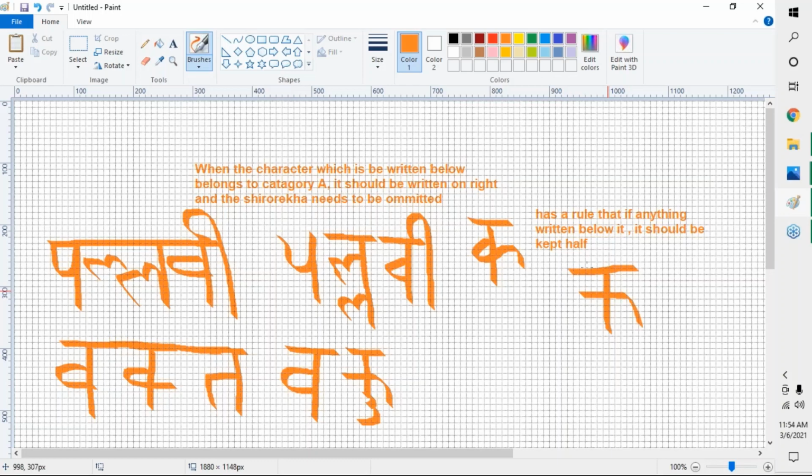Whenever any alphabet, I can write M under K, I can write T under K, I can write Sh under K. Whatever I have to write below K, I can write U or U, we learned U or U, right? I can write anything below K.